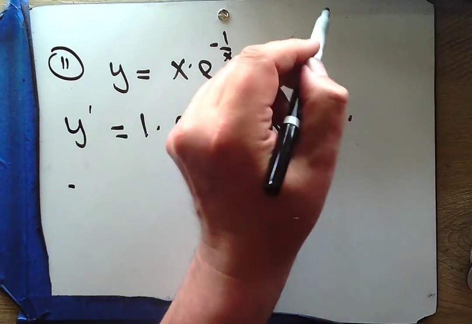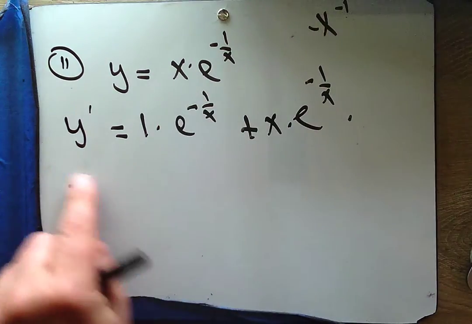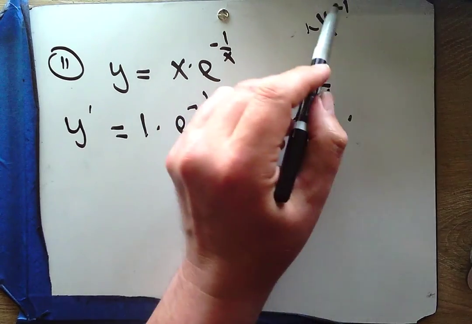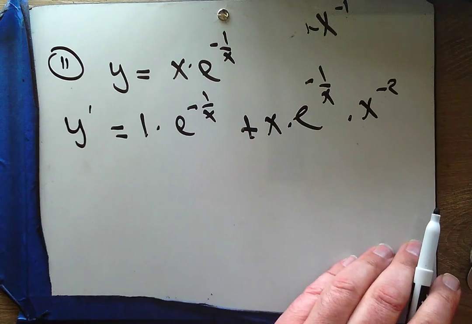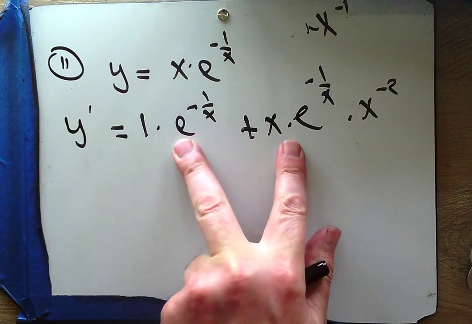And I'm going to think about negative 1 over x as negative x to the negative 1. So bring down that negative. Ooh, negative times negative is positive, and subtract 1. We'll get x to the minus 2. In fact, ooh, look, a little cancel, and I could factor that out.